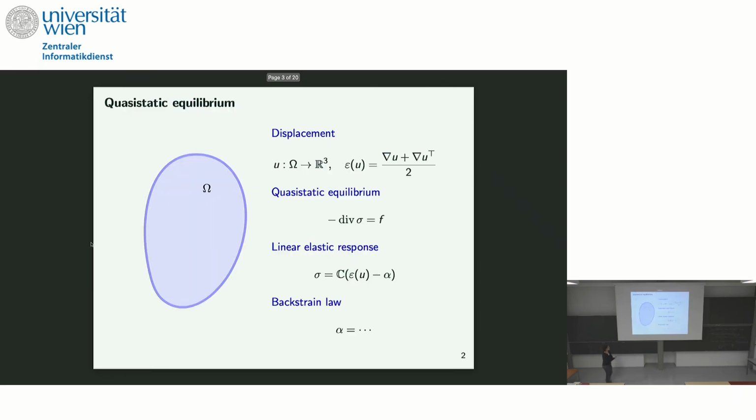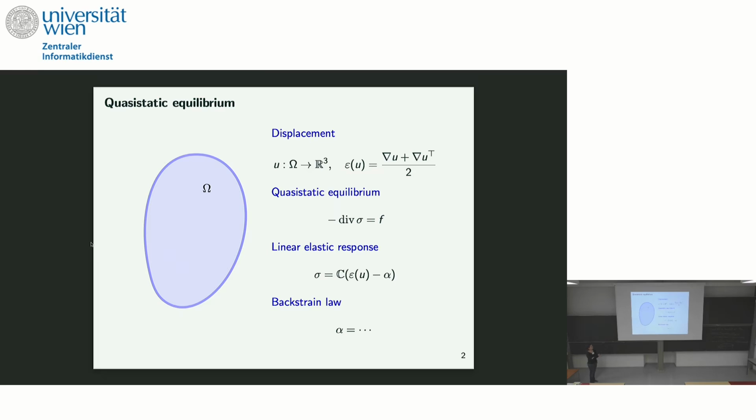Starting from this observation, it's natural to describe our body in its actual configuration in a quasistatic equilibrium. So we are going to assume that the mechanical quantity describing our body is going to be its displacement.